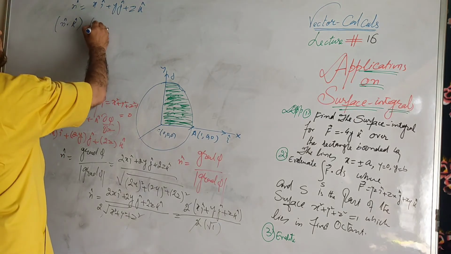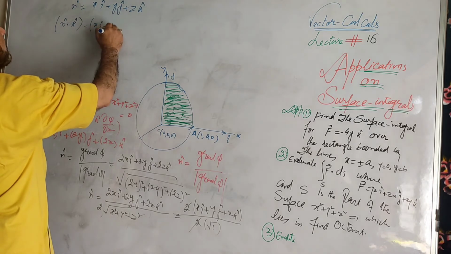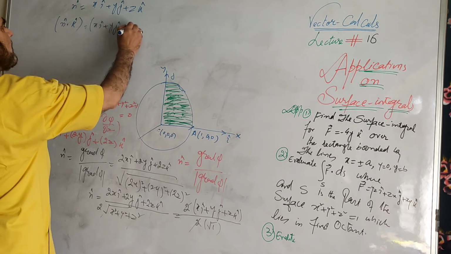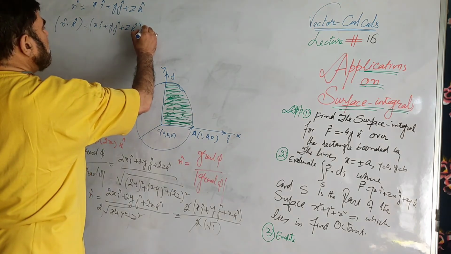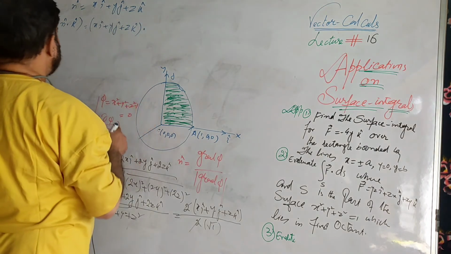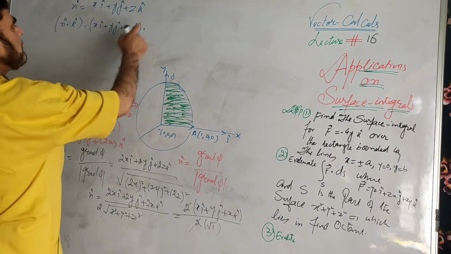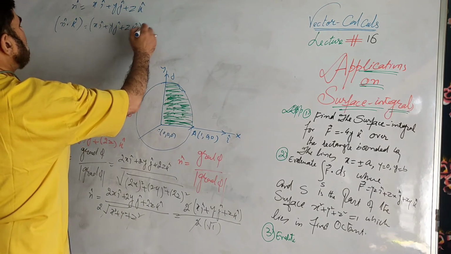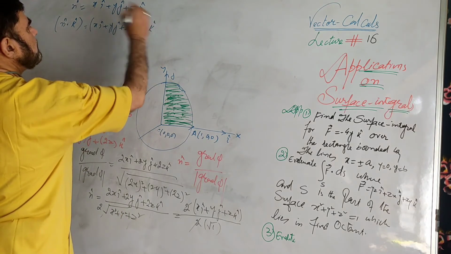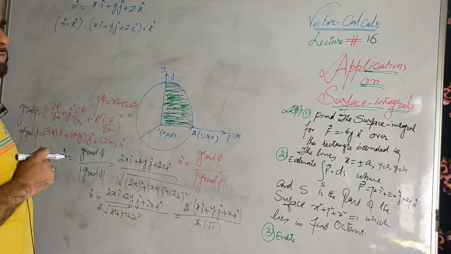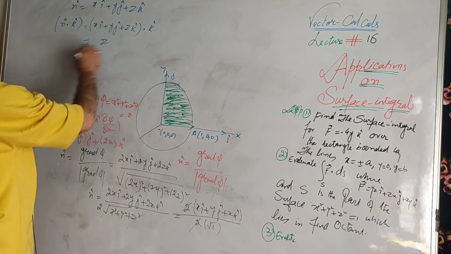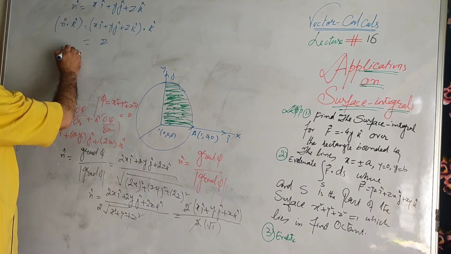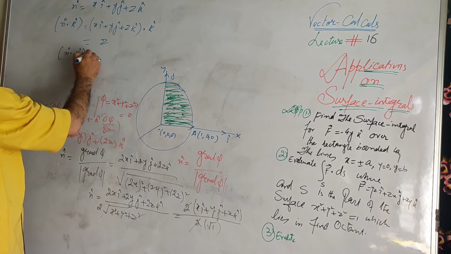Your n is xi plus yj plus zk dot k. So this is your only z. So n dot k is z.